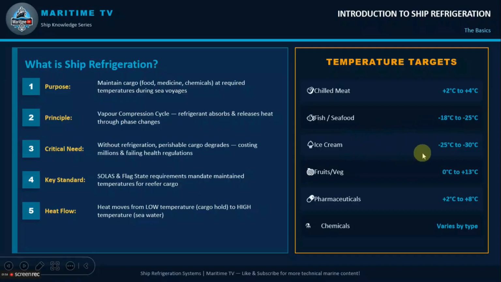For ice cream, minus 25 to minus 30. For fruits and vegetables, we have 0 degrees centigrade to positive 13 degrees centigrade. For pharmaceuticals, it's plus 2 degrees centigrade to plus 8 degrees centigrade. For chemicals, this varies by the type.